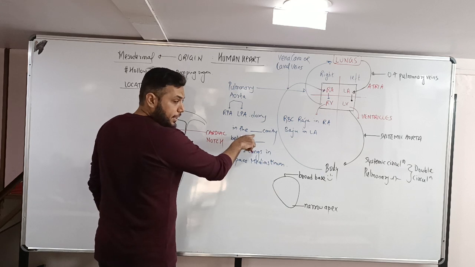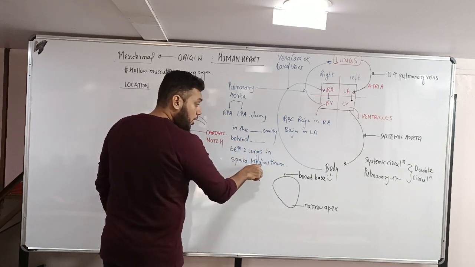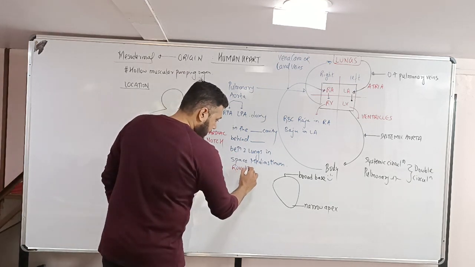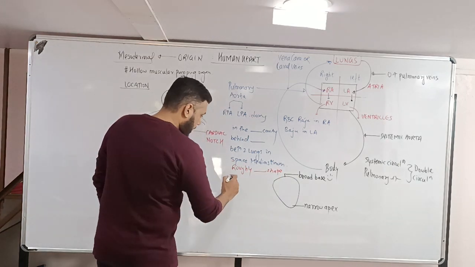It is in the thoracic cavity, behind the sternum, between the two lungs, in a space called the mediastinum. It is roughly conical in shape. Follow? The broad base and a narrow apex.